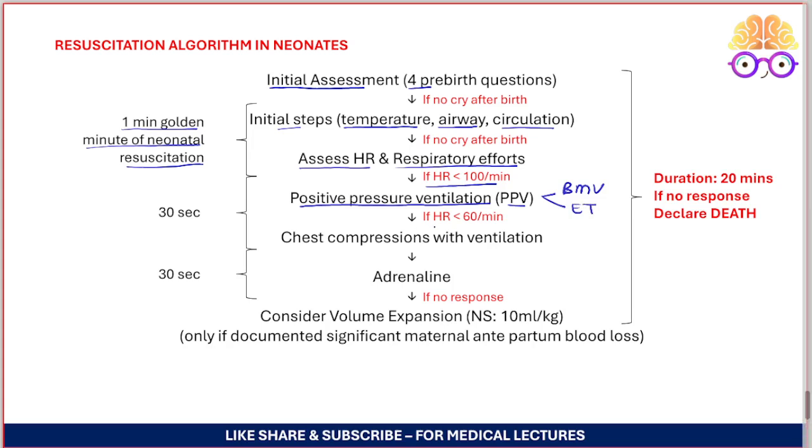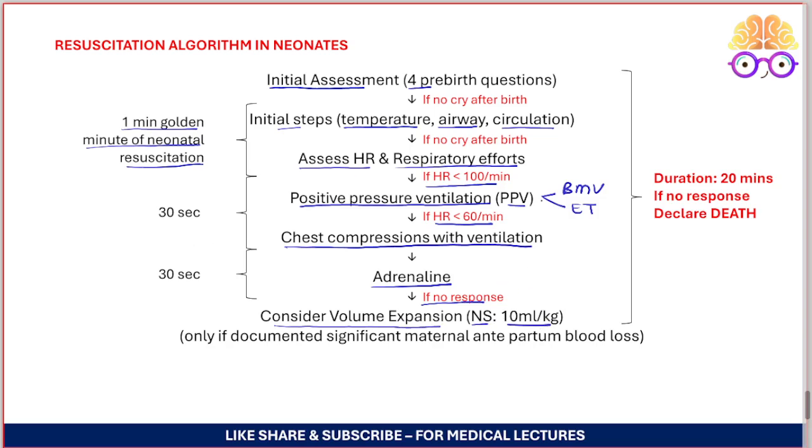And if after positive pressure ventilation the heart rate is still less than 60 beats per minute, then we need to start the chest compression with ventilation, and then we need to administer the adrenaline. You remember 0.2 ml per kg, and if there is no response, we'll be considering a volume expander, which is NS, giving 10 milliliter per kg.